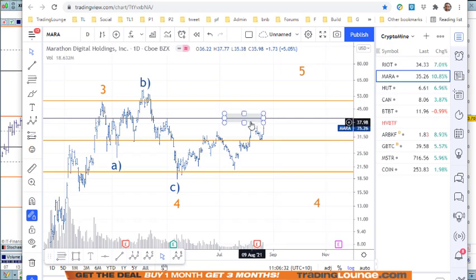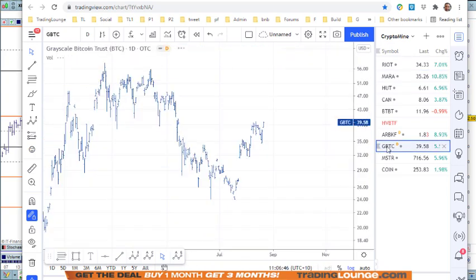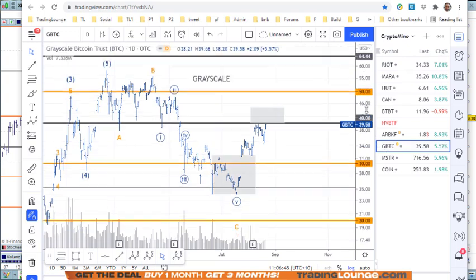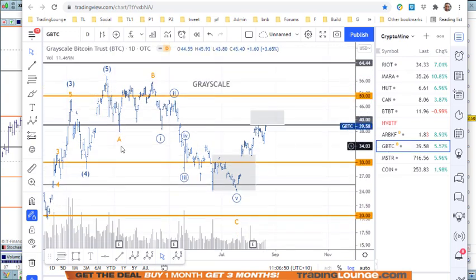So if they all make a new high here, because we can already count 1, 2, 3, 4, 5 up here, so beyond that would send it up much higher at that point. But my point here is that this instance presents a case for that, and the same with Grayscale as well here. So we've got this A wave here, B wave over here, then 1, 2, 3, 4 and 5 down here.